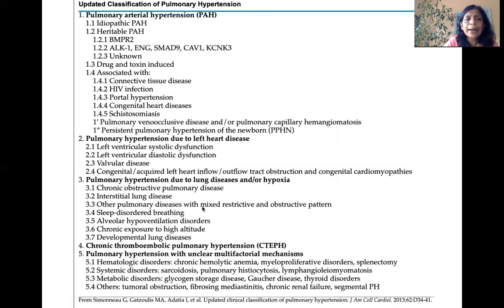So let's take a look at a number of causes here. One of them is idiopathic, meaning the cause is unknown. Heritable is genetic. A number of defective genes are shown, again unknown genes. Then drugs or toxins could be involved, or associated connective tissue disease that would have poor development of the connective tissue within the blood vessel wall.